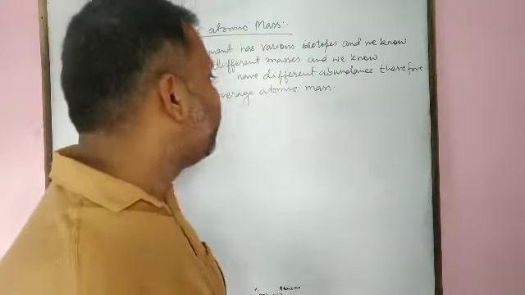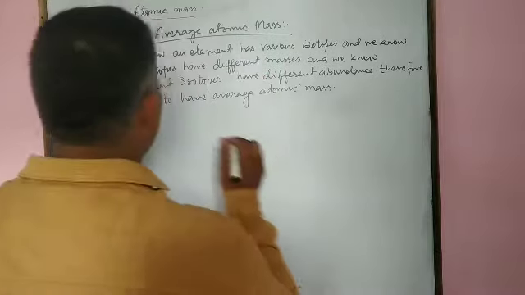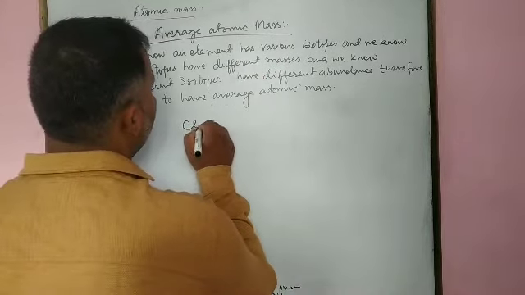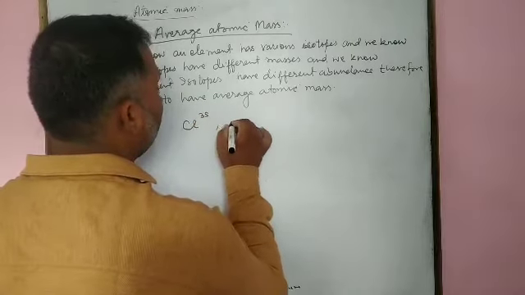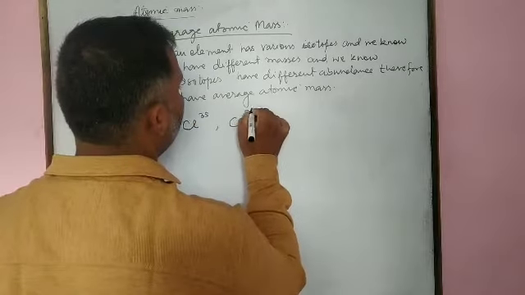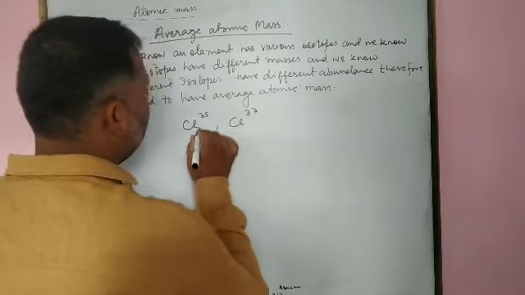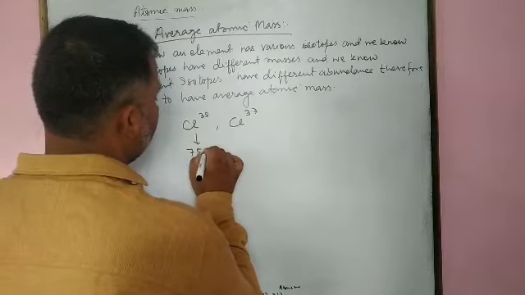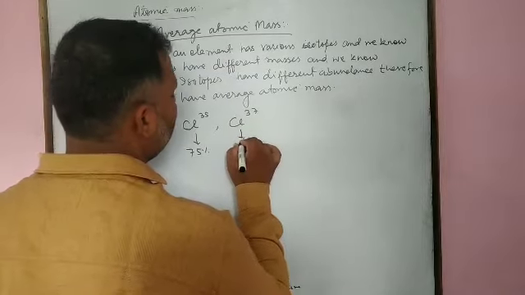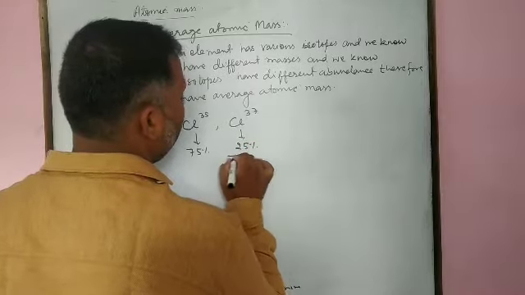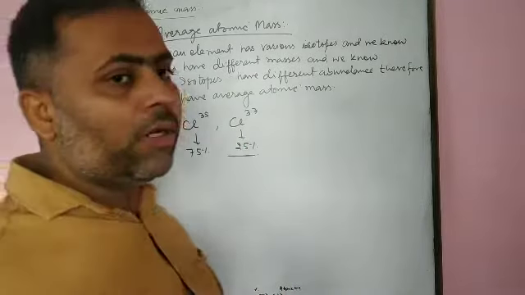For example, we have two isotopes, that is chlorine 35 and the next one, chlorine 37. The abundance of chlorine 35 is 75% and the abundance of chlorine 37 is 25%. Then how to calculate the average atomic mass?